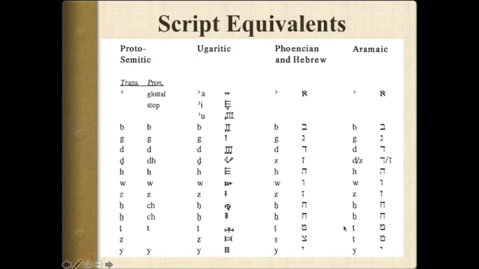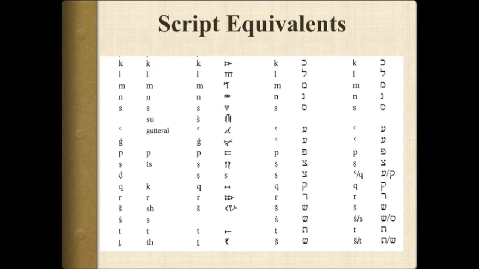The tet is the same, but there is an emphatic z, z with a dot underneath it, in Proto-Semitic, or at least in Ugaritic, and this is represented in Hebrew by a tzadi, but in Aramaic by a tet. The yod is the same. Kaf, lamed, mem, nun, samekh, ayin are all the same. There is in Ugaritic and also in modern Arabic a ghayin sound.